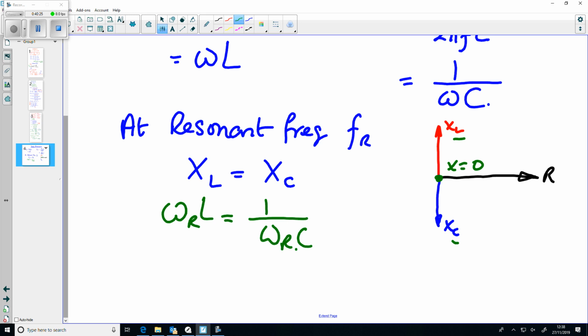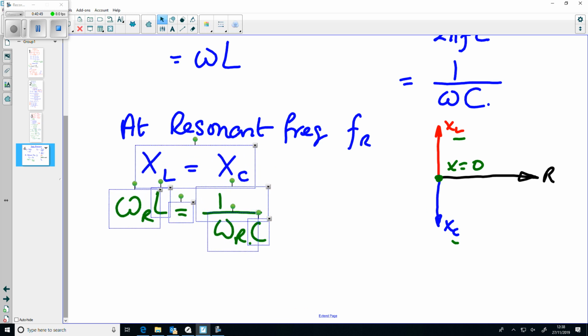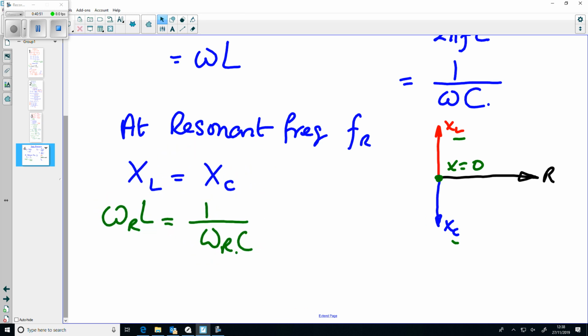So what we need to do is get those two omegas in the same place so we can find omega R. So what do I need to do? Back to first year rearrangement of formulae now.